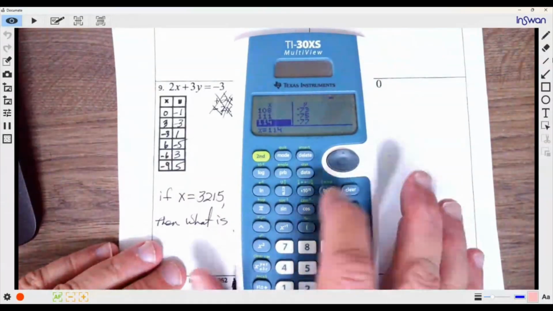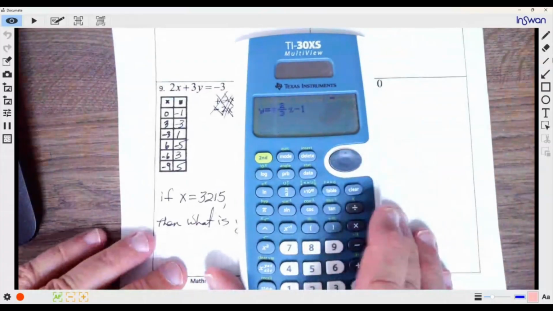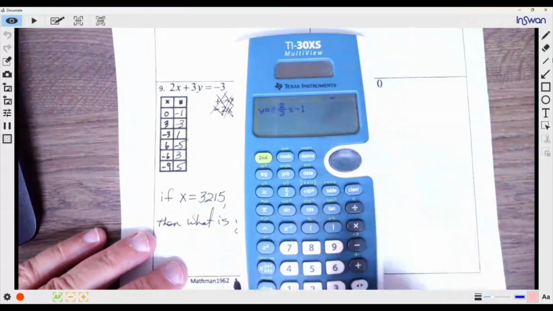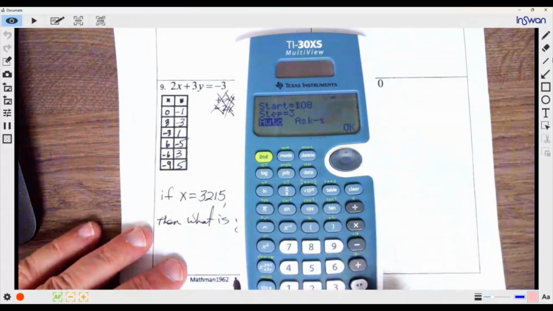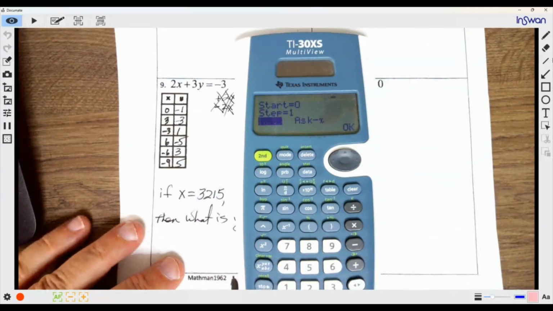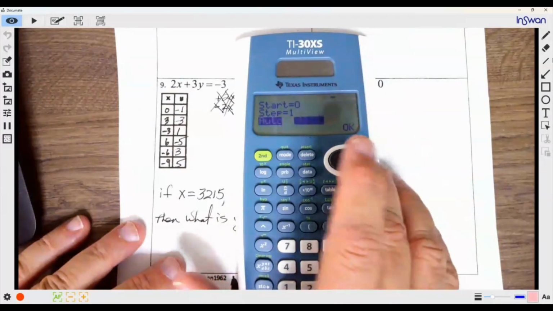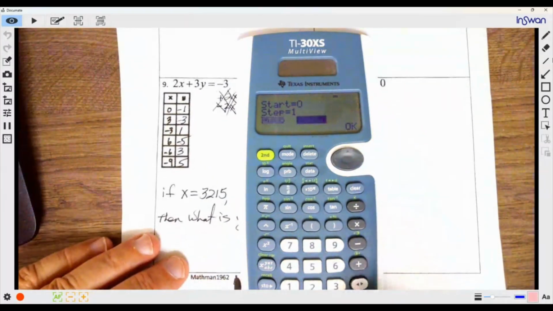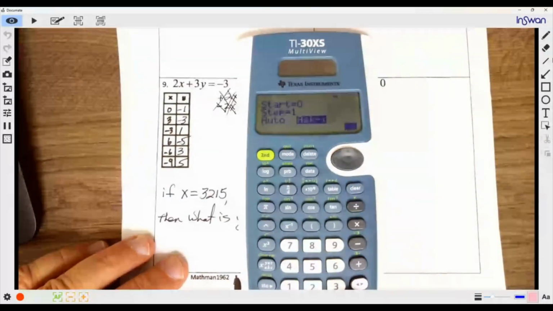Let me go back to table. Equation stays the same. Enter. Start at 0. Step 1. But this time, instead of auto, I'm going to go over here to ask x. Enter. Enter again to go down to OK.